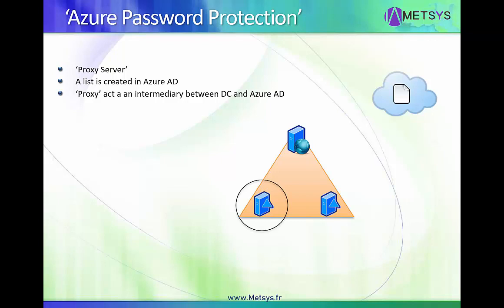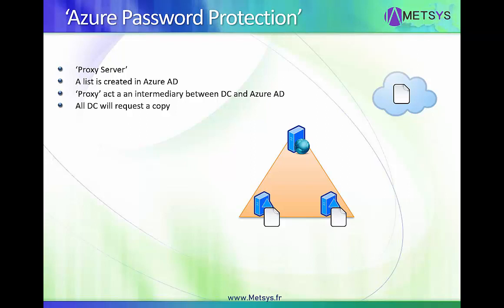So the domain controller will be able to have a copy of that list which is inside Azure Active Directory and will have it stored locally on the domain controller. The domain controller will request a copy of that list and store that copy locally on itself.